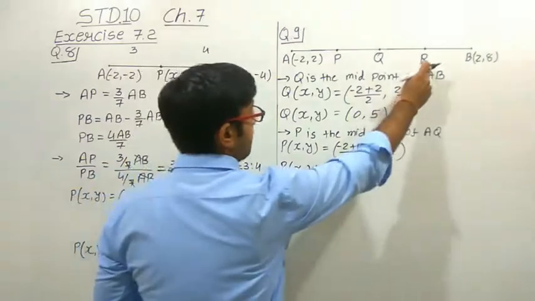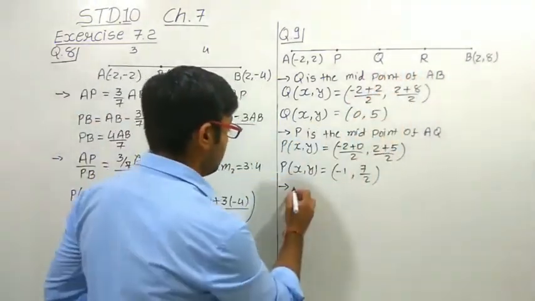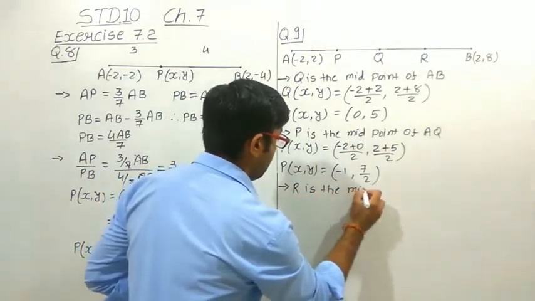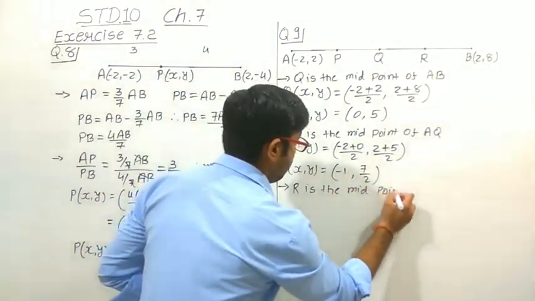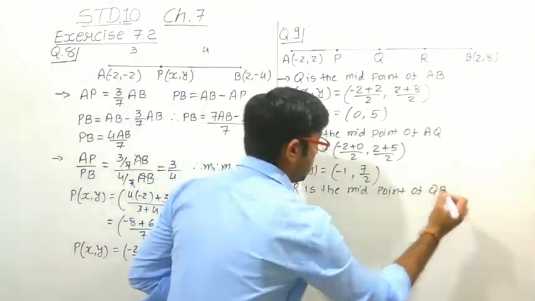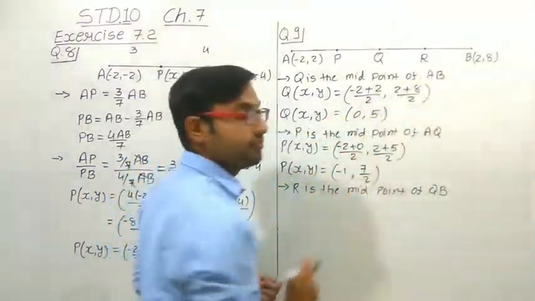Now here also R. R is again the midpoint of QB. So now we have to apply this formula for Q and B, right?